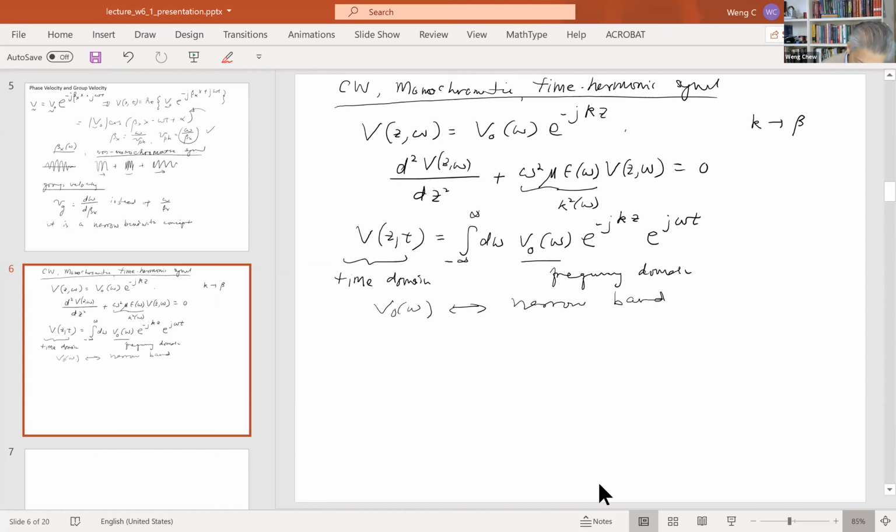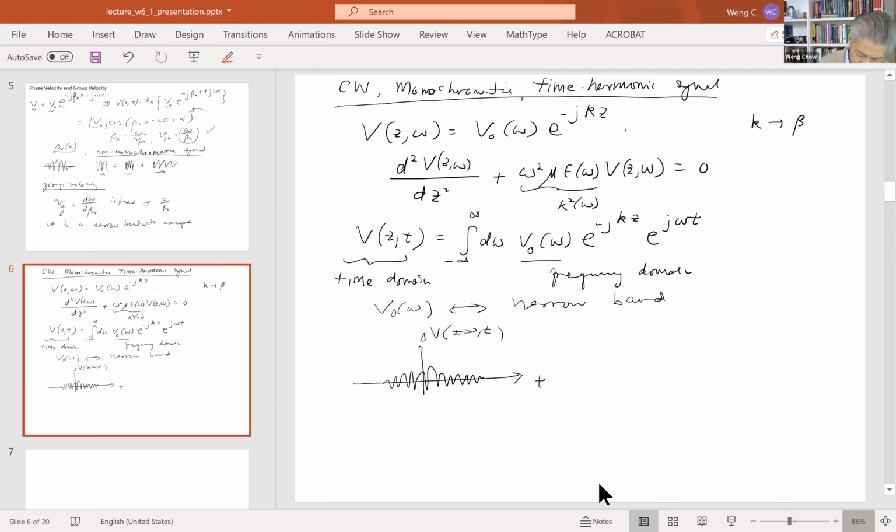For instance, if I have a function of time that looks something like this. Quasi-monochromatic, maybe I draw something that looks almost like monochromatic signal, okay? Let me assume that it almost looks like a monochromatic signal, but not quite.